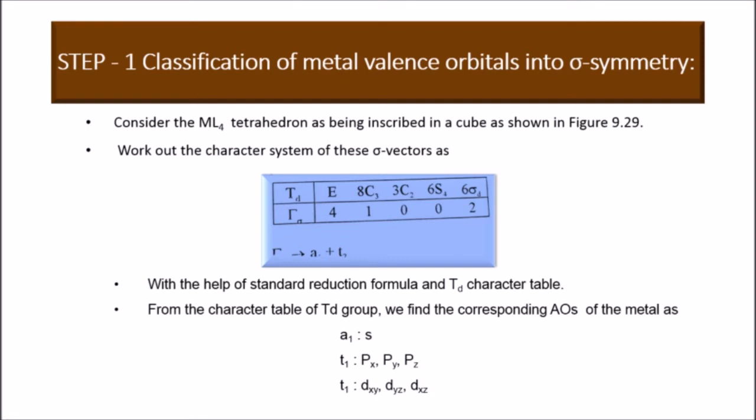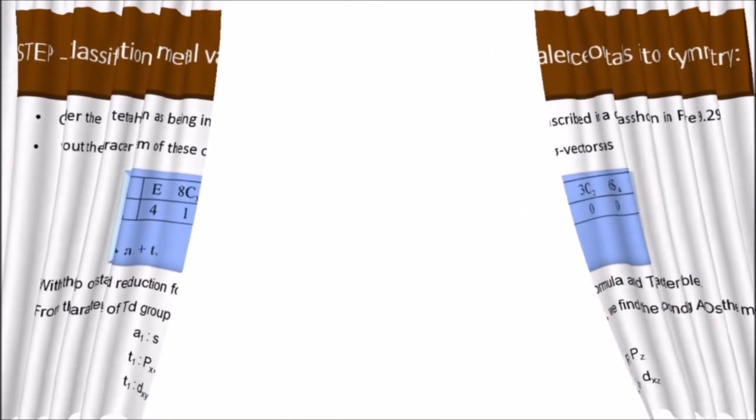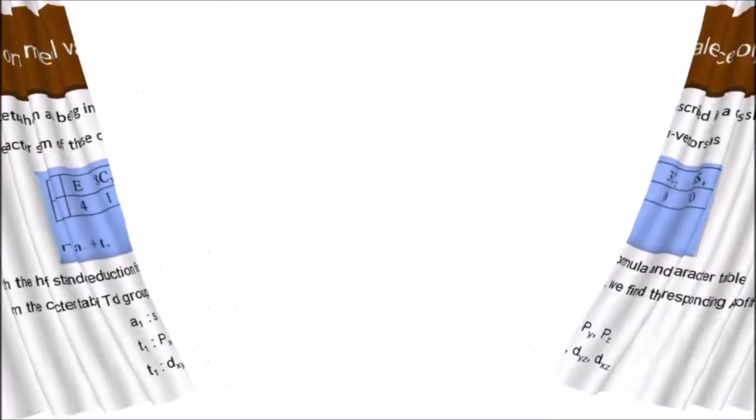Therefore, T1 is assigned to both the 4p and 3d orbitals, and in 3d specifically dxy, dyz and dzx. That is how things differ a little in tetrahedral geometry in comparison with the octahedral geometry.